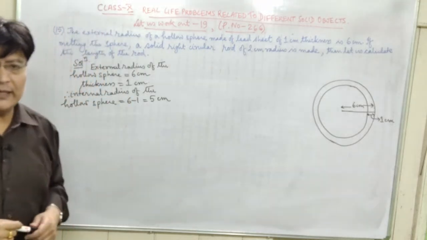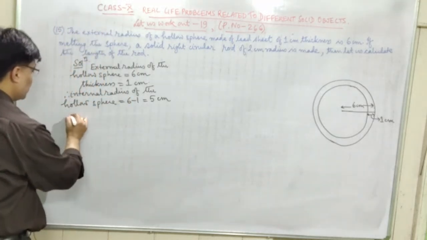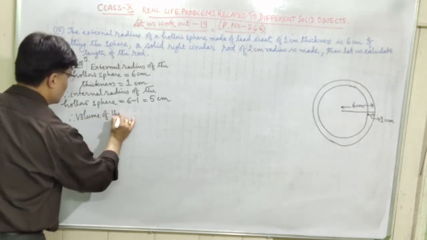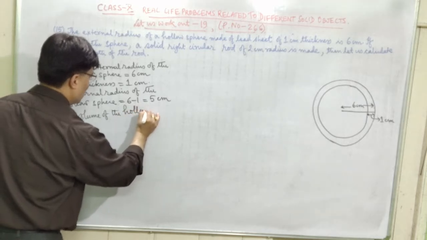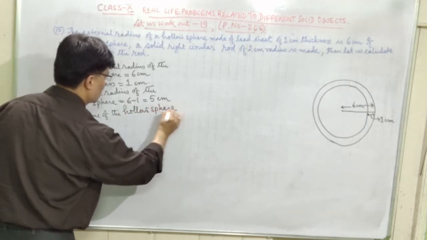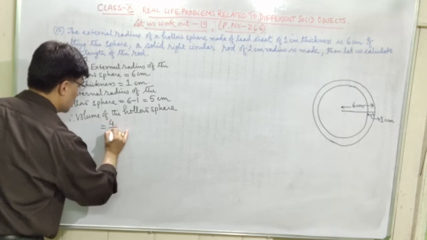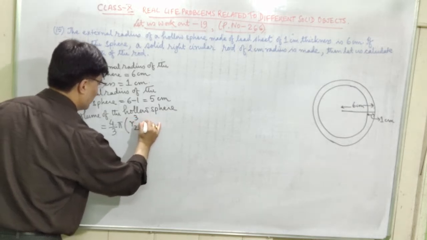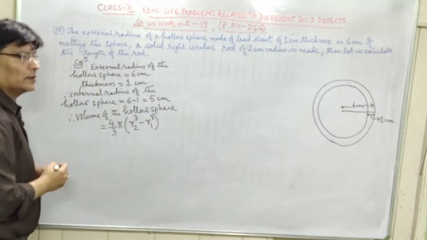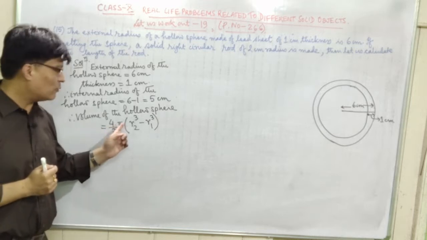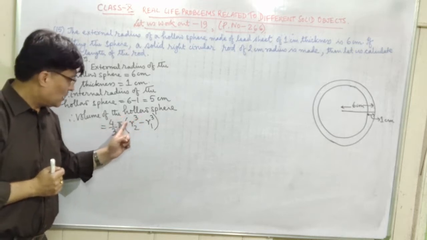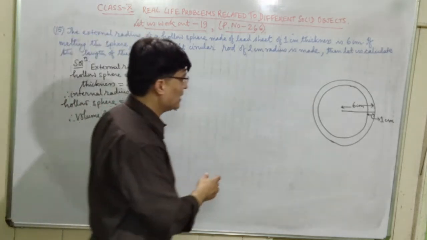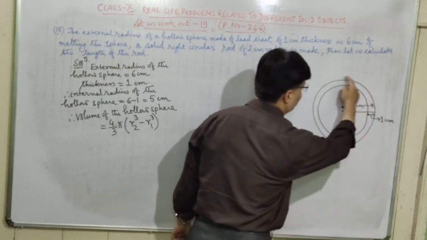Now let us find out the volume of the hollow sphere. How can you get it? Volume of the hollow sphere is equal to, what is the formula? It is 4/3 pi within bracket R2 cube minus R1 cube. That is 4/3 pi, and within bracket, external radius whole cube minus internal radius whole cube.